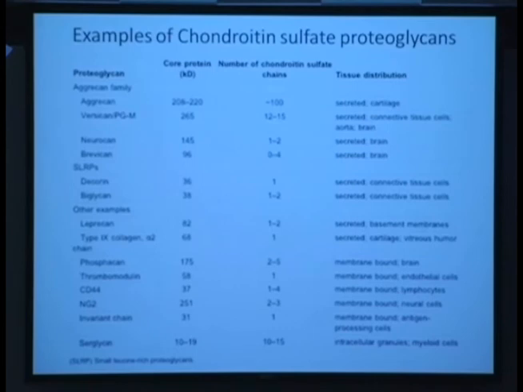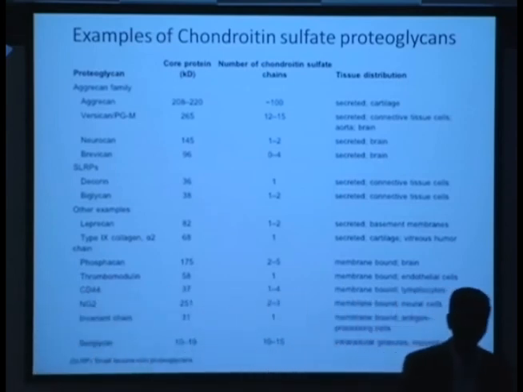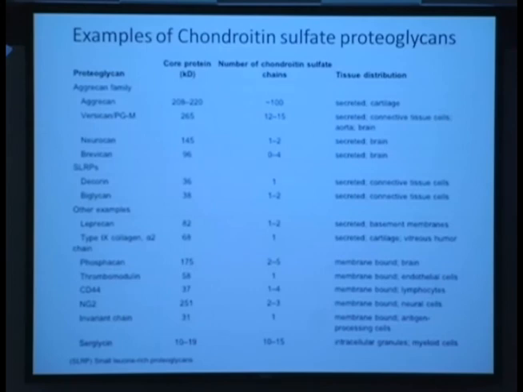Phosphacan is one that Vimal in my lab is interested in, and it might play a role in axon guidance and growth and degeneration, and is expressed in the brain. Also, a number of other proteoglycans exist, and also serglycin, which I mentioned, which is produced only in the mast cells, and is not secreted, but stays inside the cell. It has not only chondroitin sulfate but also heparin attached to it.